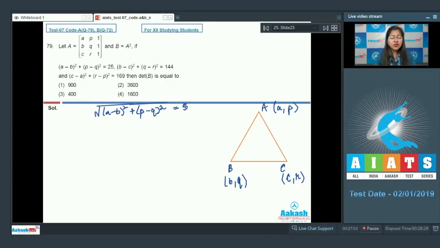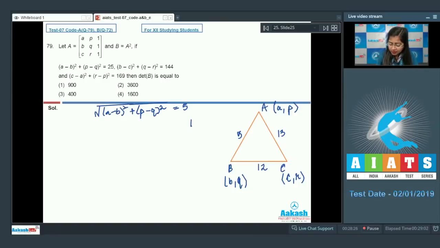This has been given to us. So we can say that the distance AB is equal to 5. Also it is given that under root of (b minus c) whole square plus (q minus r) whole square is equal to 12. So this distance is 12. And similarly, we can see that the distance AC is given to be equal to 13, right?